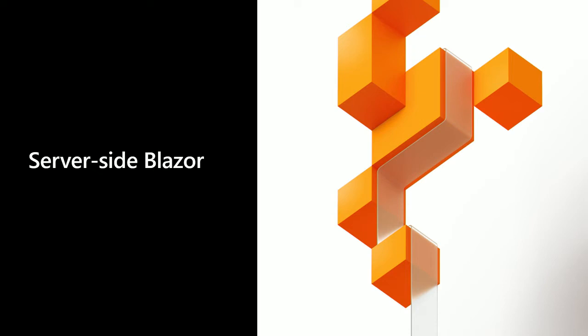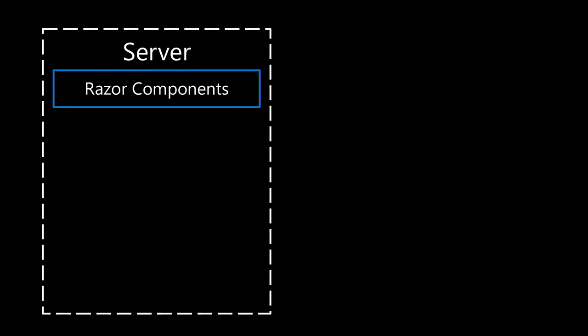All right, so we also have server-side Blazor. So this part is already released. So this you can start playing with, well, after the session, I guess. So server-side Blazor, it's going to work like this.